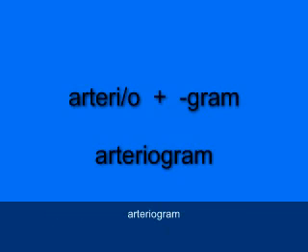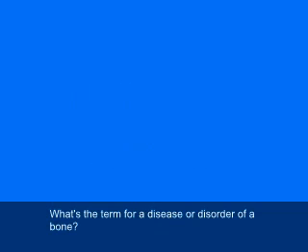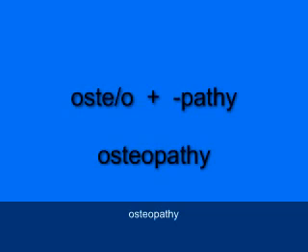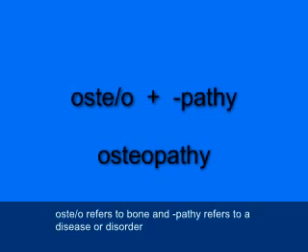Arteriogram. What's the term for a disease or disorder of a bone? That would be osteopathy, O-S-T-E-O-P-A-T-H-Y. Osteo refers to bone, and pathy refers to a disease or disorder.